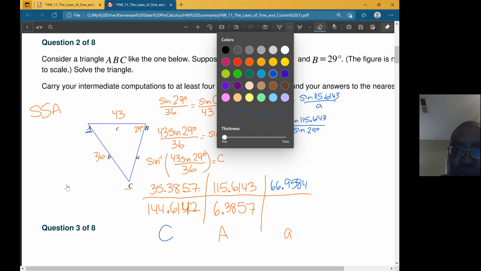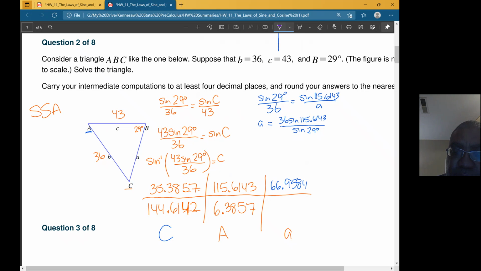Okay, and let's change colors so we don't get confused. If it's the small angle, sine of 29 degrees over 36 is equal to sine of 6.3857 over little a. And in this case, little a is equal to 36 sine of 6.3857 over sine of 29 degrees.